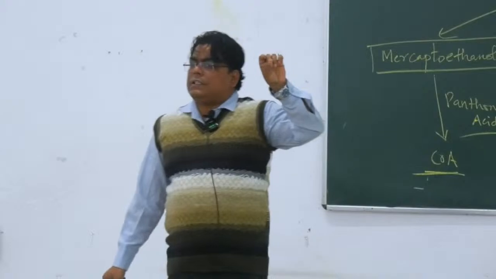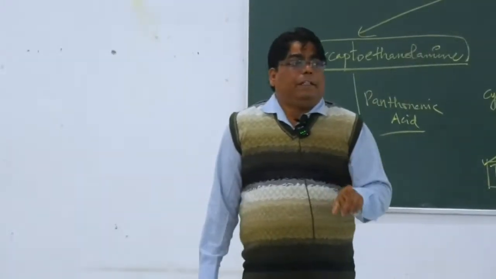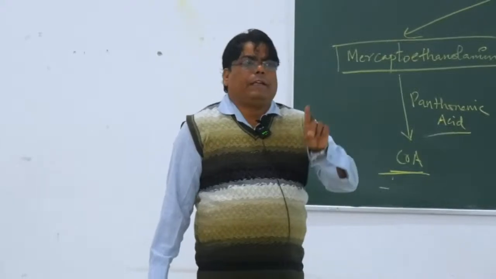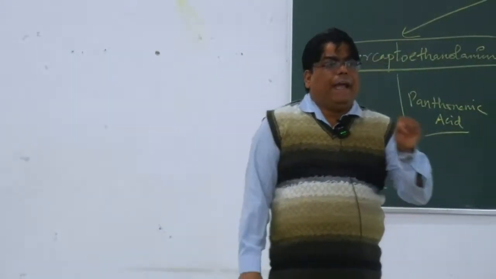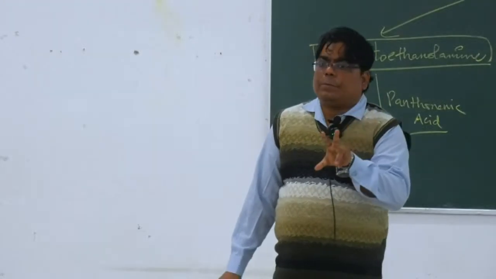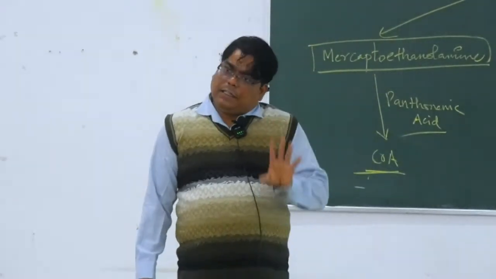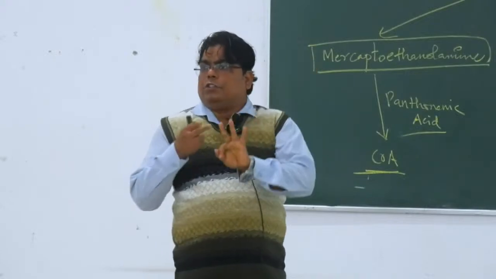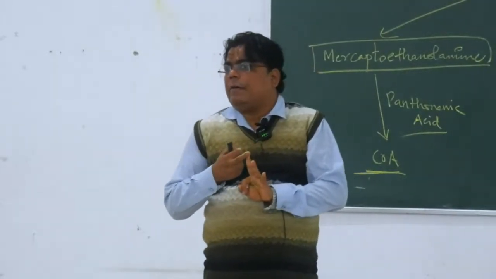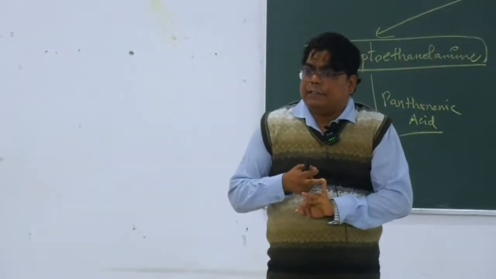Today we are going to discuss the metabolism of the sulfur containing amino acid, which is methionine. Methionine forms which molecules? Homocysteine and cysteine. These cysteines are formed from 2 molecules of cysteine with the help of the enzyme cysteine reductase. Now, uses of methionine: it is a sulfur containing amino acid, a glucogenic amino acid, and an essential amino acid.